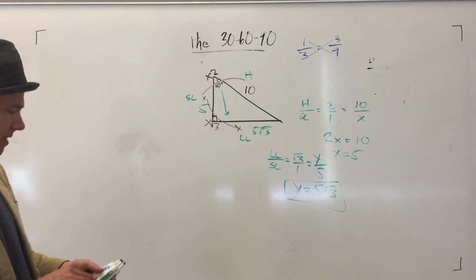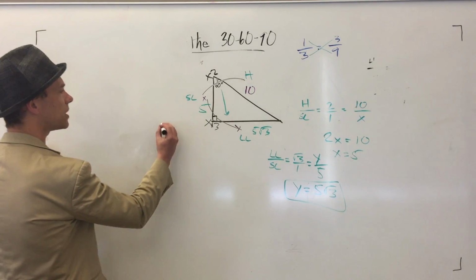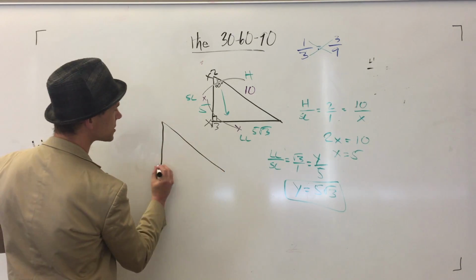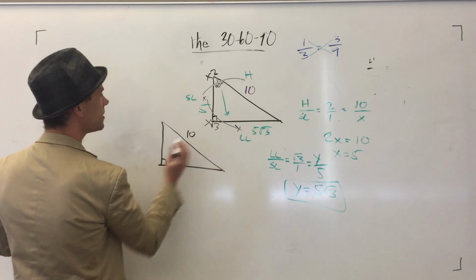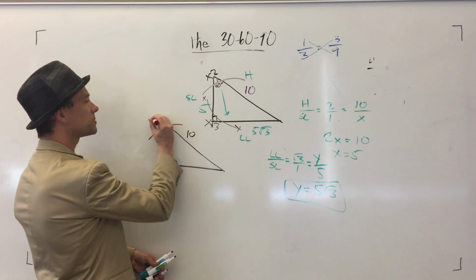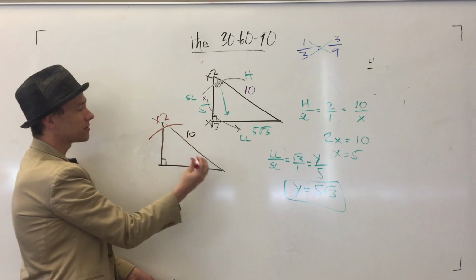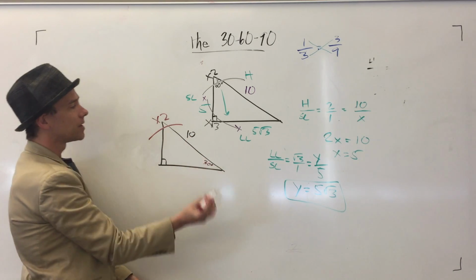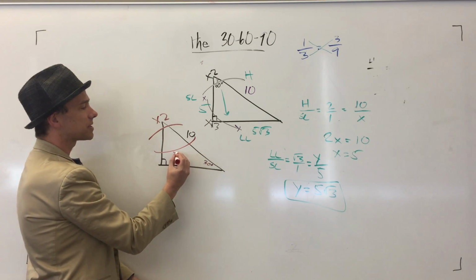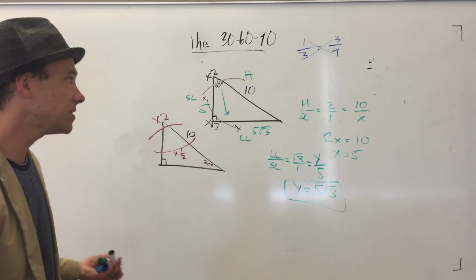Trying to think if there's any other ways we could have gone about this particularly beautiful problem. I think this is potentially a way. If you remember that we're times 2 when going from short leg to hypotenuse, because that's the 30, then by definition we must be going times 1/2 the other direction, because it's the inverse.